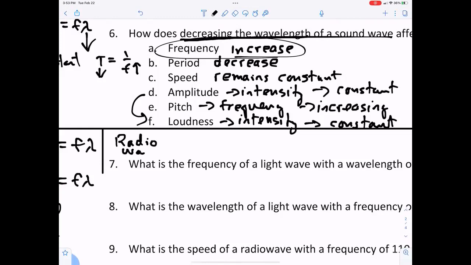Radio waves are one form of light. Then we have microwaves. Then we have infrared. Infrared is typically known as IR.